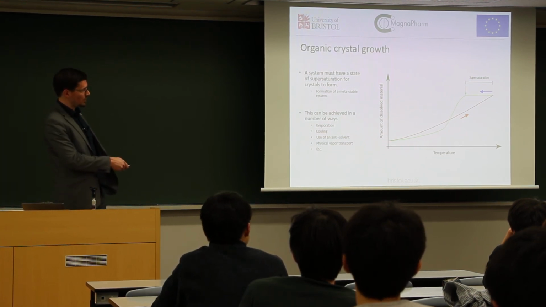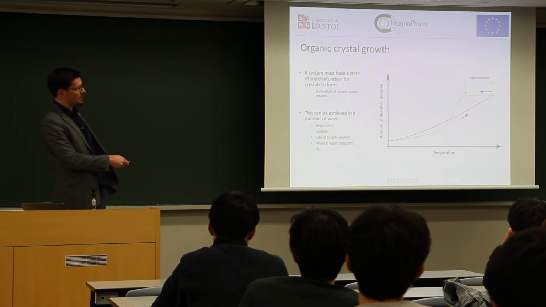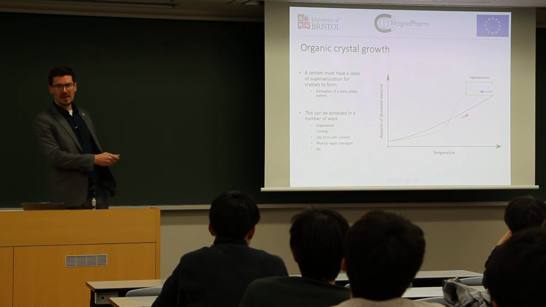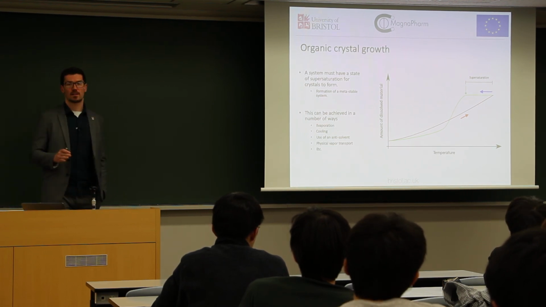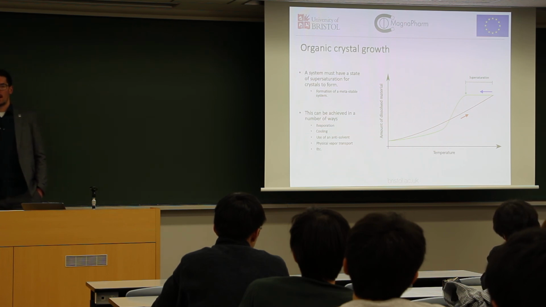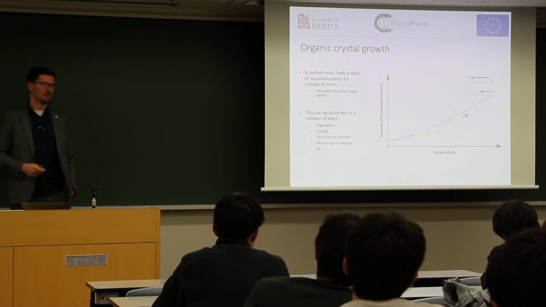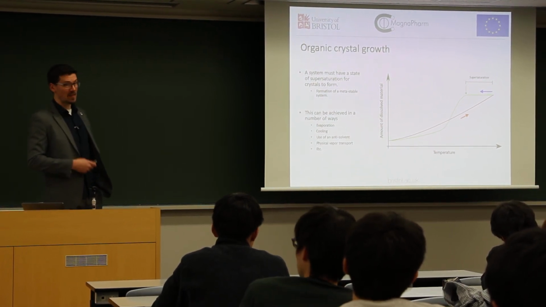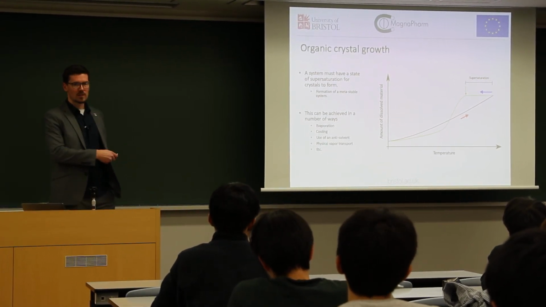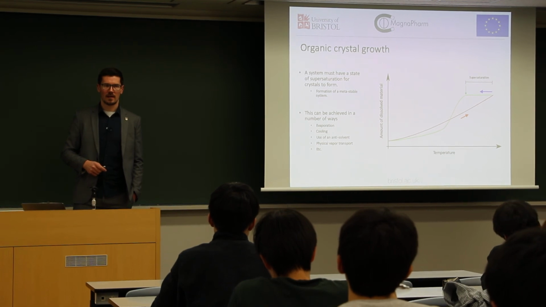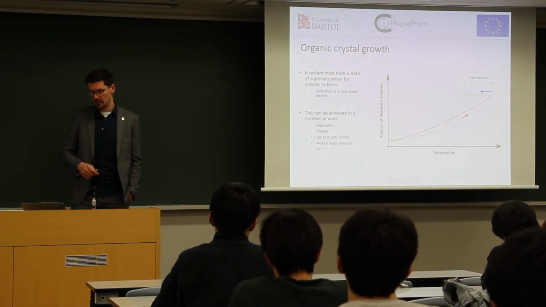So you dissolve more and more as temperature increases, and then you filter out any nucleation sites, and then you cool it down, and it won't crystallize straight away. You need that area of supersaturation. And then when it starts to crystallize here, it will just crystallize and take all the solute out of the solution.